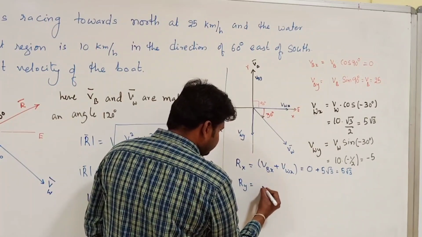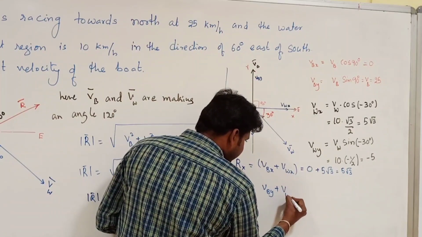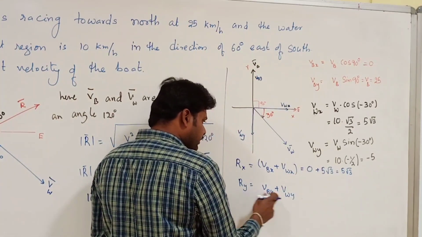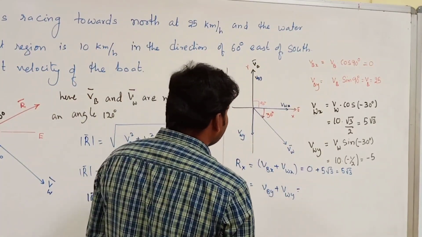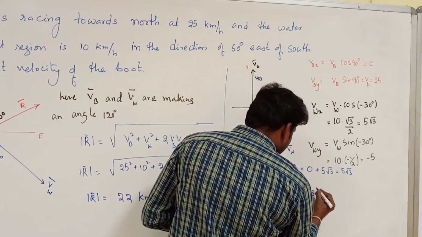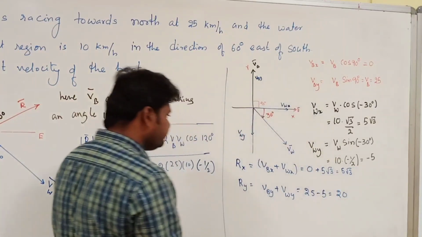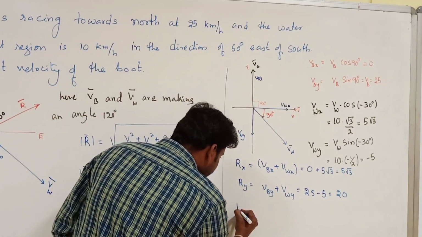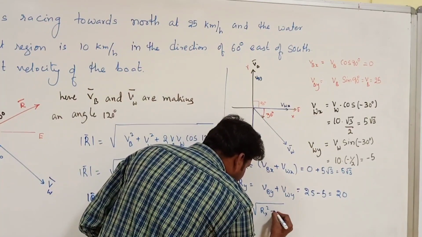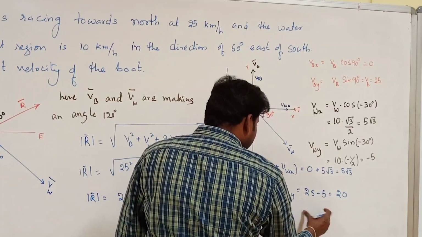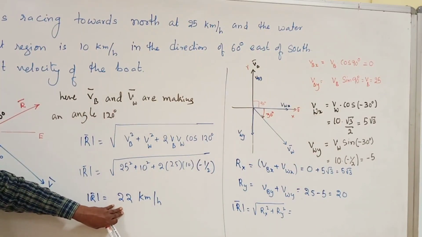Ry is equal to Vby plus Vwy, the y component of the velocity of the boat plus the y component of the velocity of the water, which is 25 plus minus 5, equal to 20. Now, the mod of R is equal to the square root of Rx square plus Ry square. You will get the resultant magnitude, and check whether the answer comes out as 22 or not.